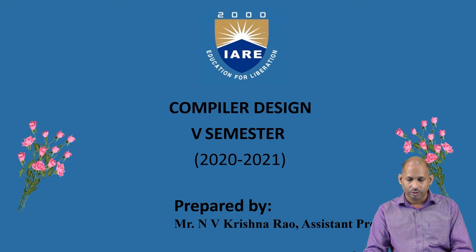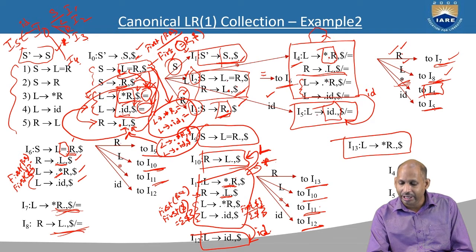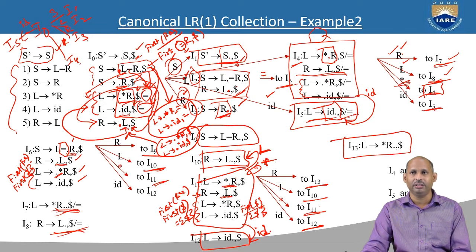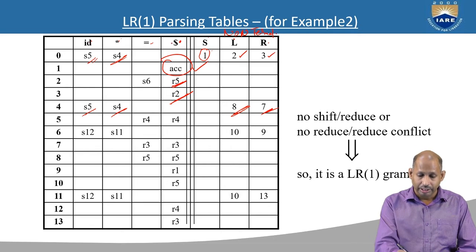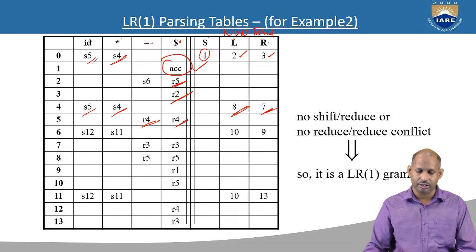Then I5. I5, it is a production, right? Then there are two symbols, dollar and assignment. Here in the dollar and assignment, we are writing R4 and R4.